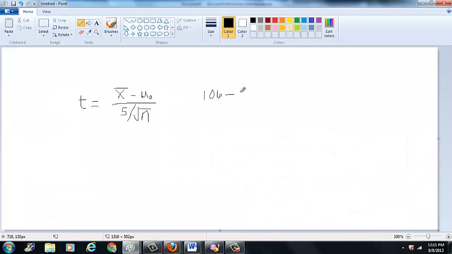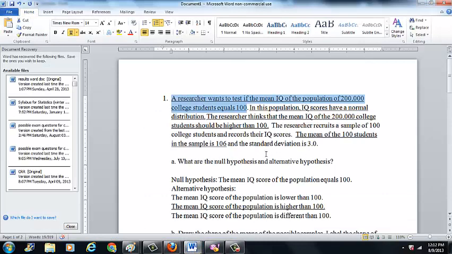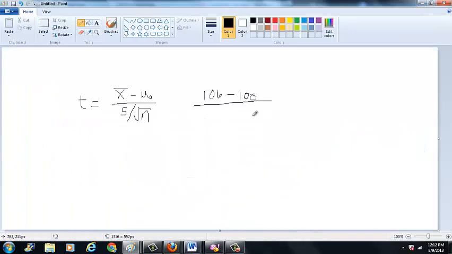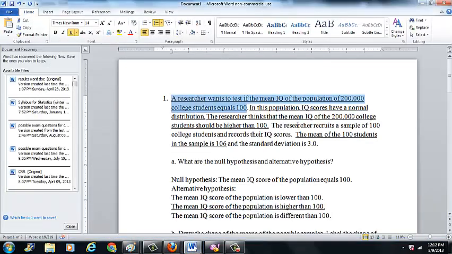So 106 minus 100 on top. On the bottom we have the sample standard deviation over the square root of our sample size. The sample standard deviation is 3.0, and our sample size is 100 because the researcher recruited a sample of 100 college students. You can see that right here.